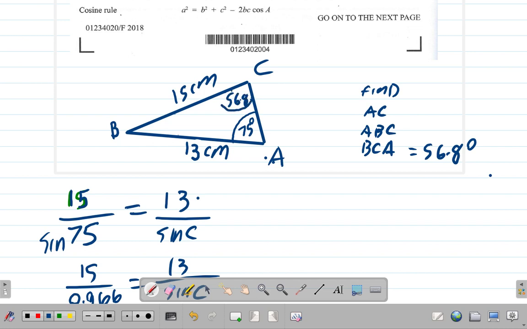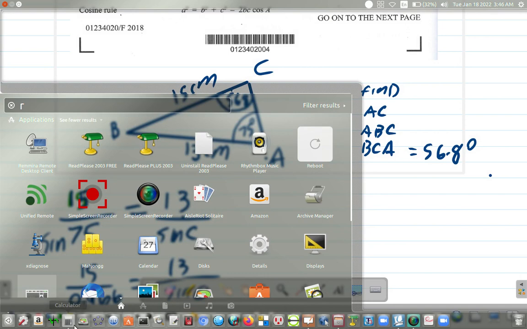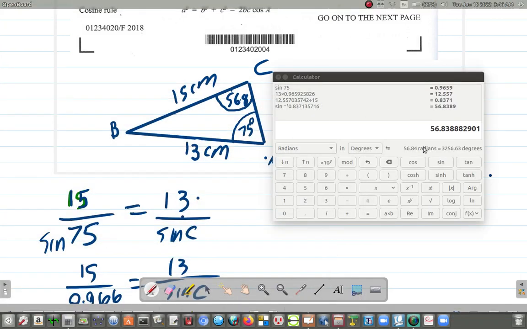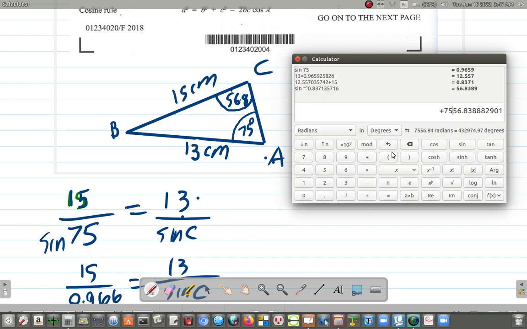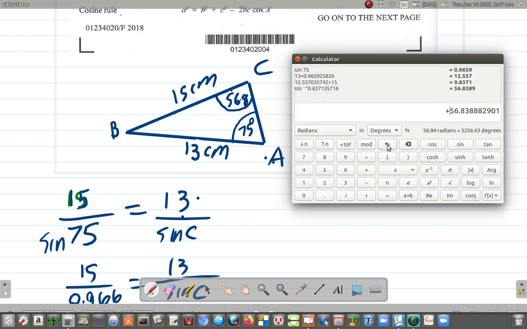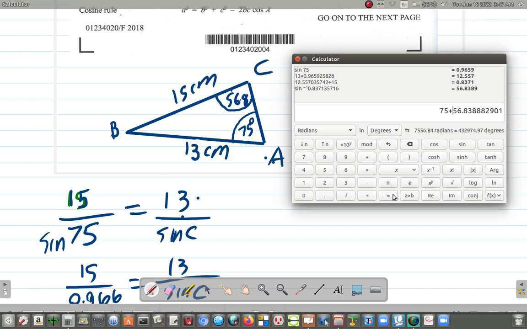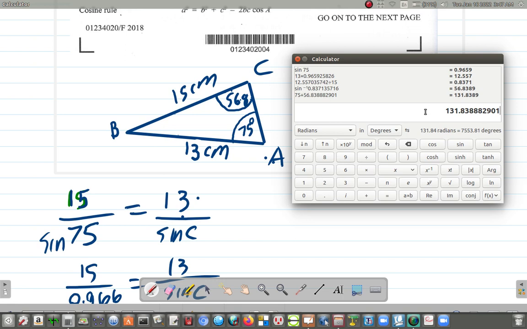Since all the angles must add up to 180, we could say 56.8 plus 75 gives us 131.8, plus B would be 180.